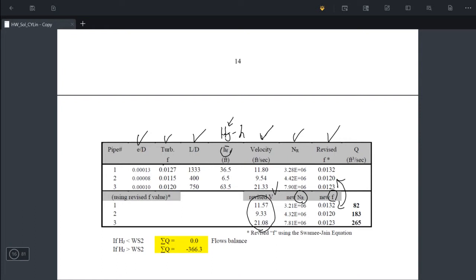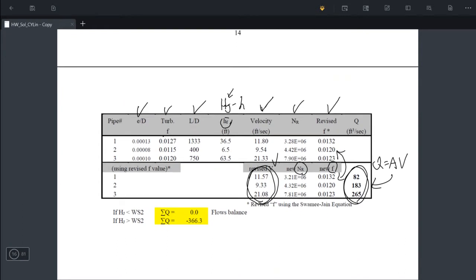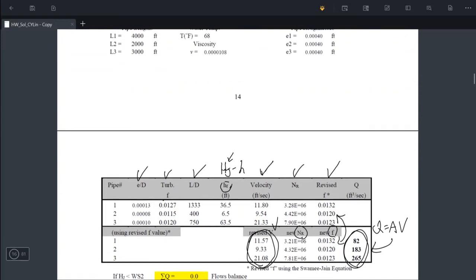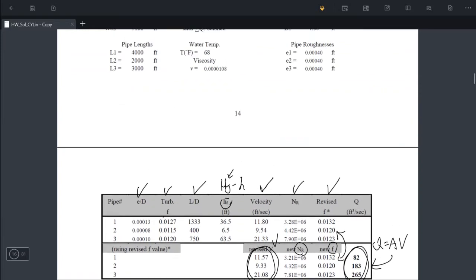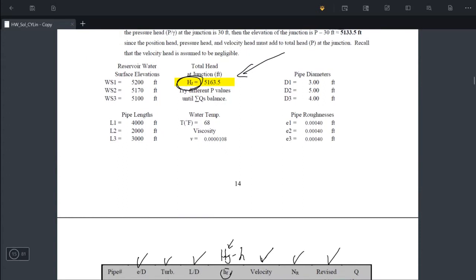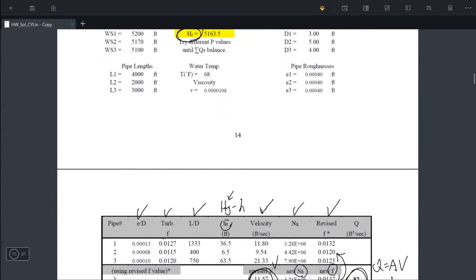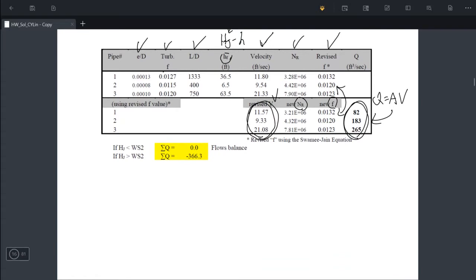If they are the same, then we say, okay, the velocity that we calculated is valid. Then we can use this equation to calculate the flow rate. So again, now we obtain the flow rate given the total head that we get here. Then we examine whether the mass balance can be satisfied under either of these two conditions.